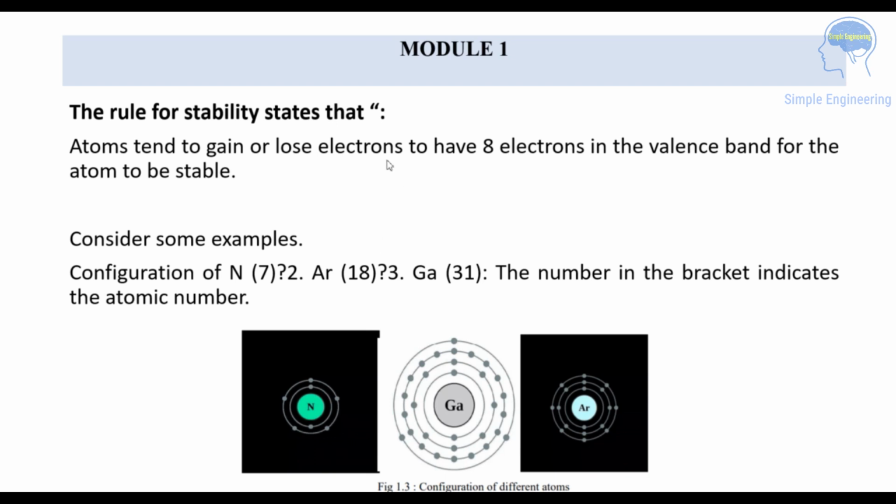Like that, if you take argon 18, then gallium 31, the configuration of different atoms is shown in the figure. This is for gallium, with 31, and this is for argon. The number in the bracket indicates the atomic number: for nitrogen it is 7, for argon it is 18, and for gallium it is 31. So we can configure that according to the number of electrons in each shell.